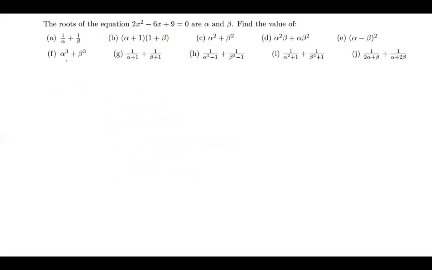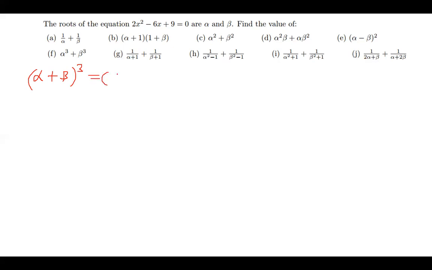Wow. So we are now on this question, which is alpha cubed plus beta cubed. So this question is also simple and straightforward. For you to find alpha cubed plus beta cubed, it means that you have to at least find something like alpha plus beta, and then you raise this to power 3.